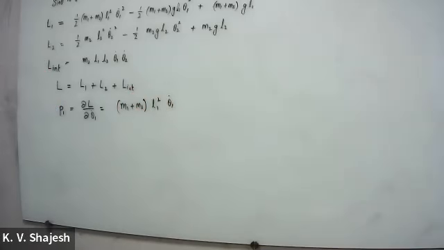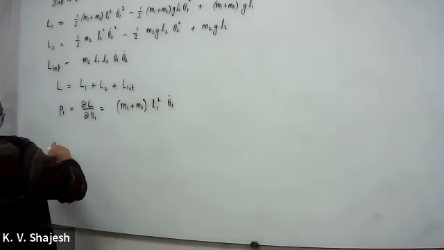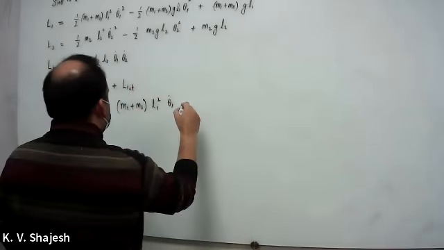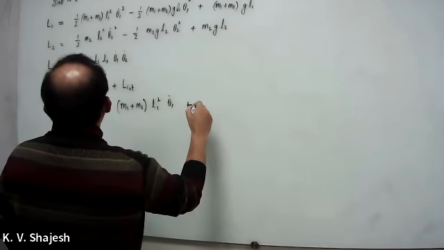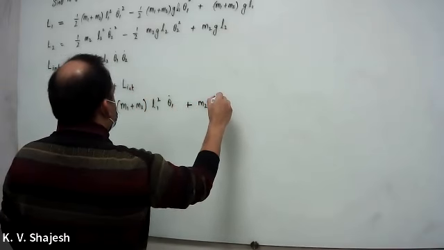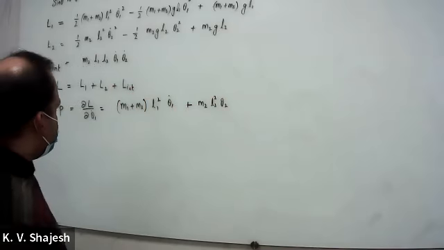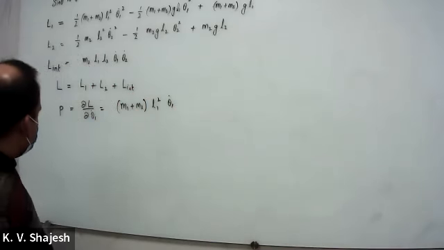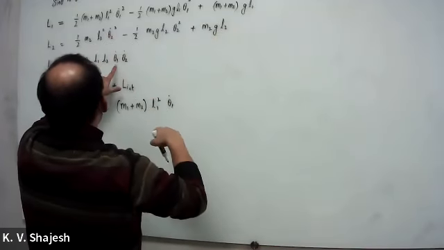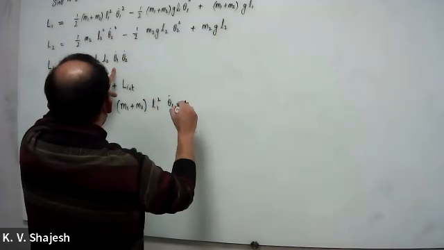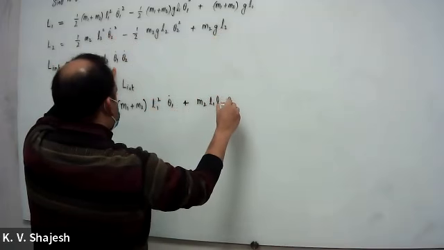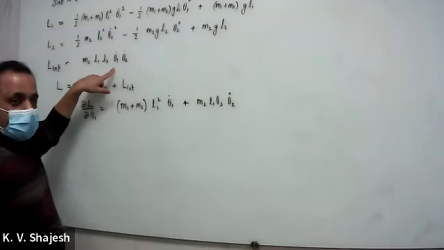That's your velocity, not P1. So let me say the total P, right? The total P will be plus m2 L2 square theta 2 dot. No, I should be careful, right? We have a P1 and P2. P1 is this, there's nowhere else, but there is a contribution from here also. So this is m2 L1 L2 theta 2 dot. Correct.